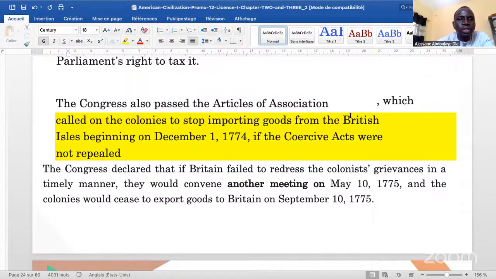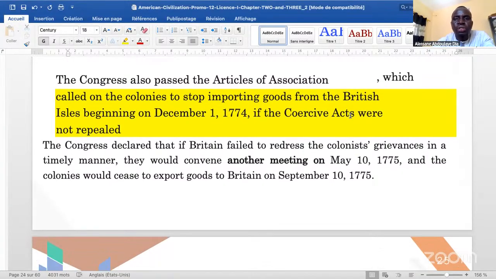So the Congress passed the Articles of Association. What does it mean? The Articles of Association called the colonies to stop importing goods from the British. So they called the colonies to boycott, not to take goods from the British Isles from December 1st, 1774, if the Coercive Acts were not repealed.